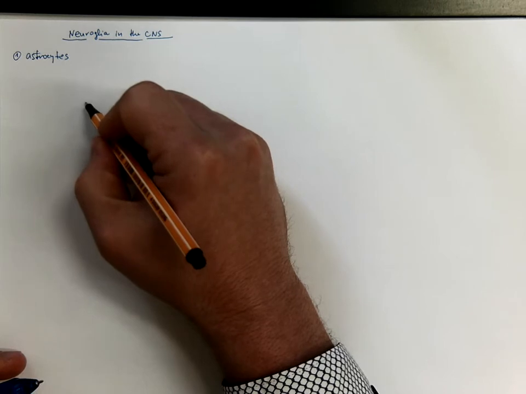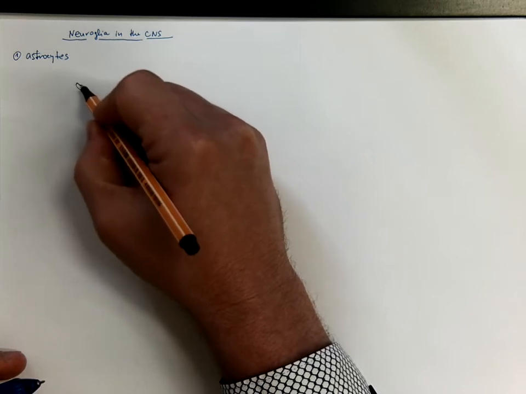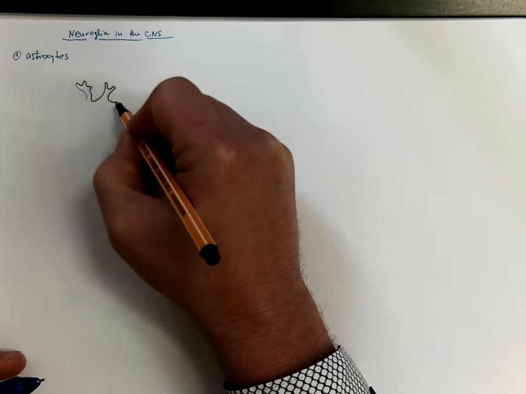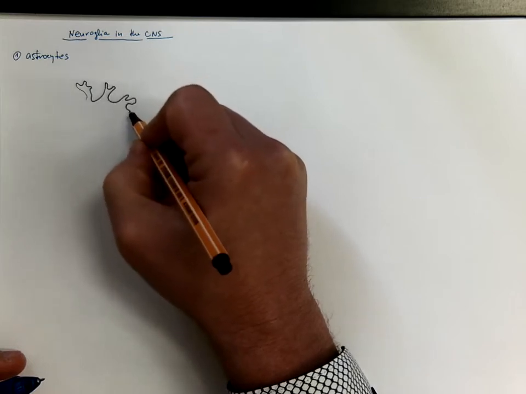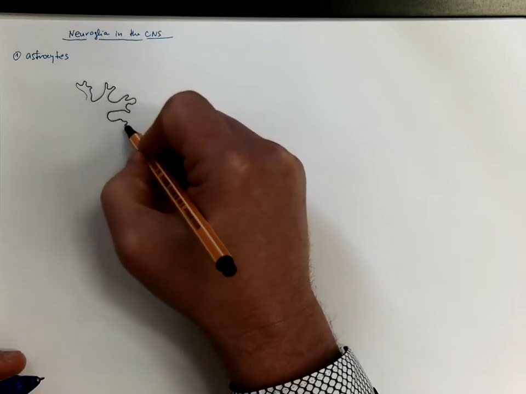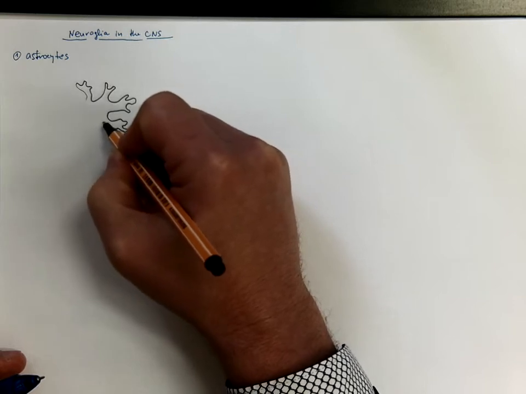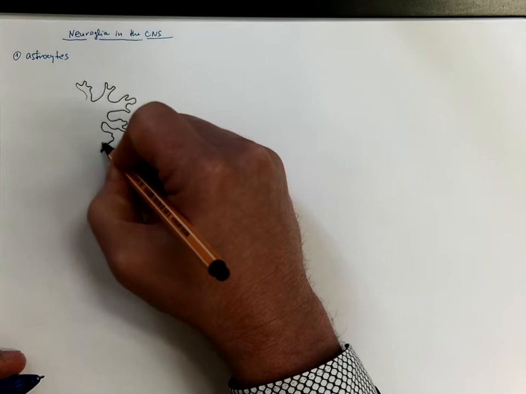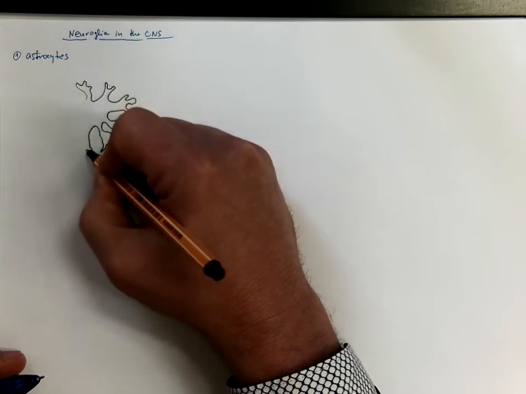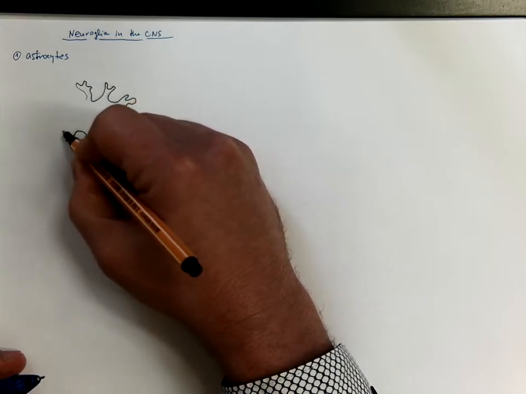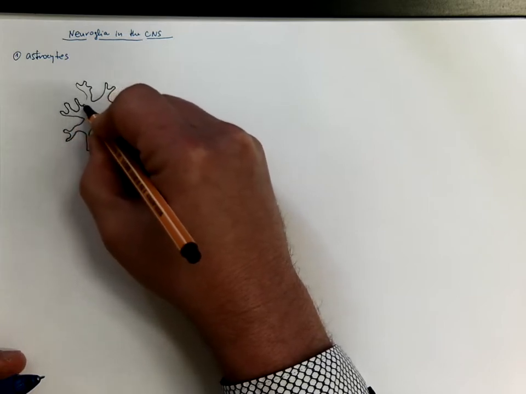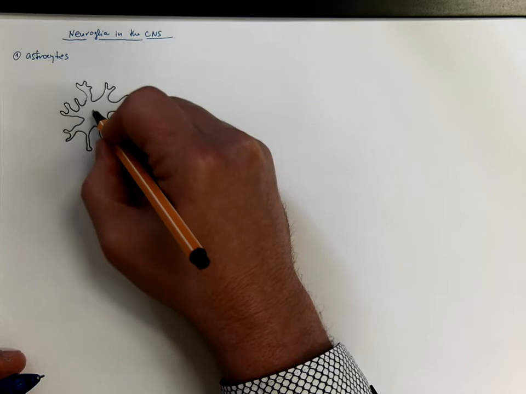First, there are cells with many processes but enough cytoplasm. These are called protoplasmic astrocytes. And they occur in the gray matter.